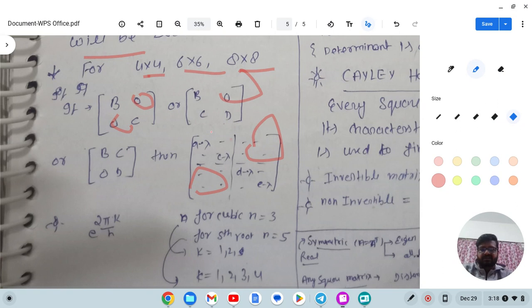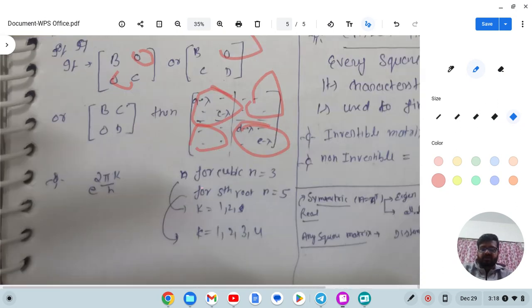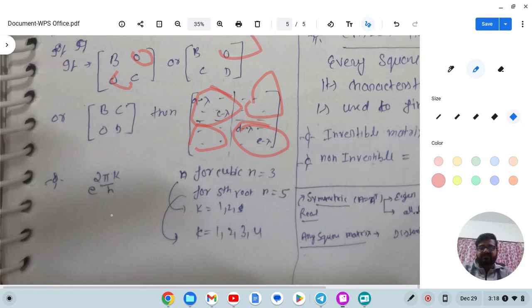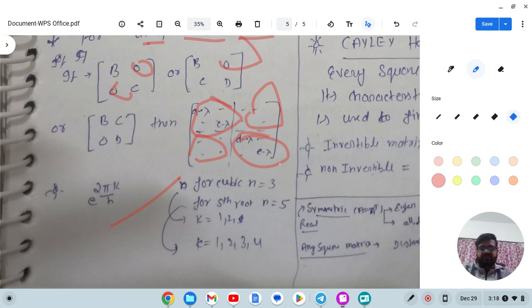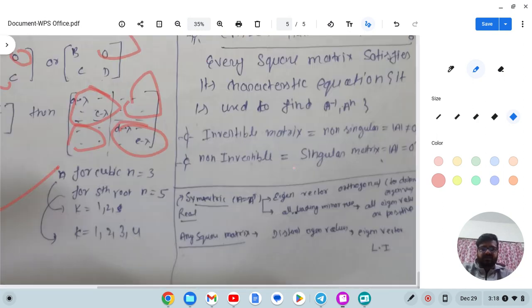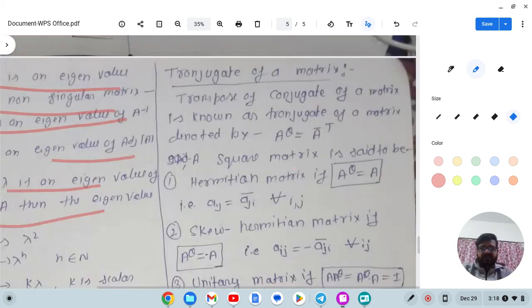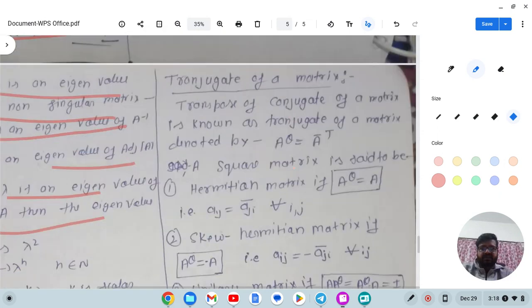Then we can write them in 4 rows and we can solve them. The question really comes from this concept, and you can find the value of the eigenvalue.